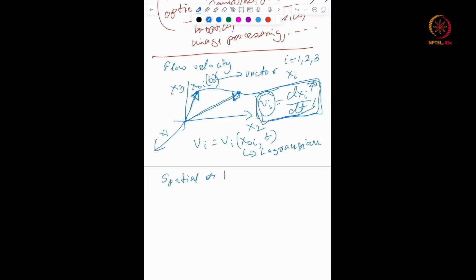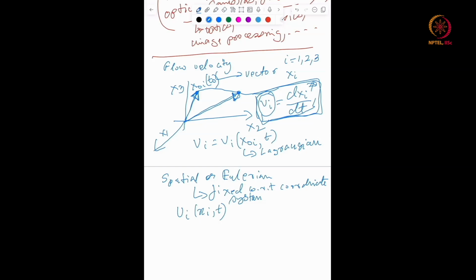Spatial or Eulerian description is basically where you have a fixed coordinate system. So it's a fixed position with respect to a coordinate system. The velocity therefore, if I have to differentiate, is given as a function of xi comma t.